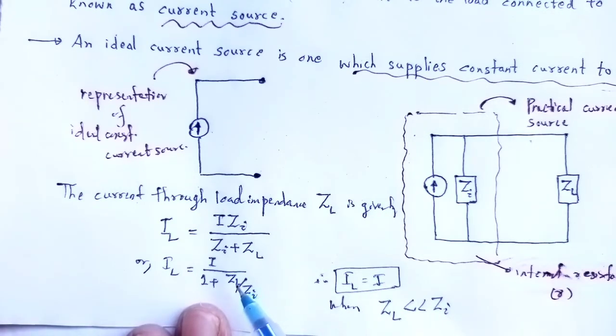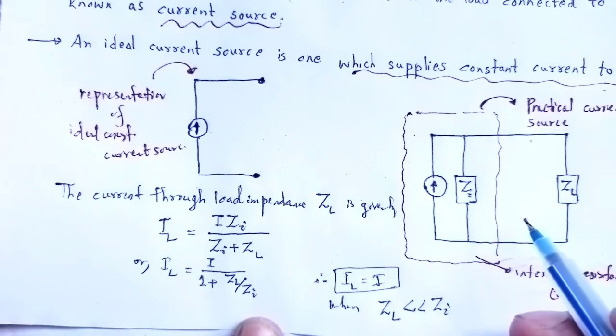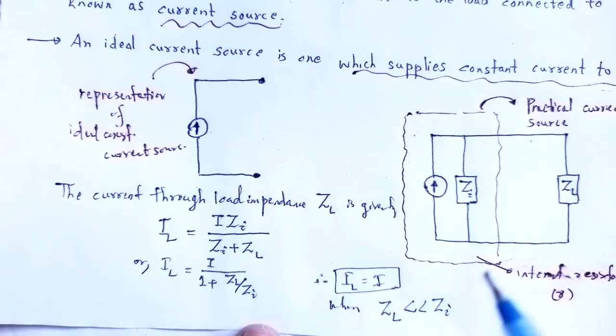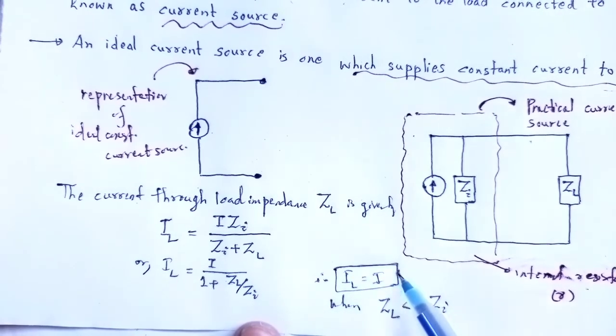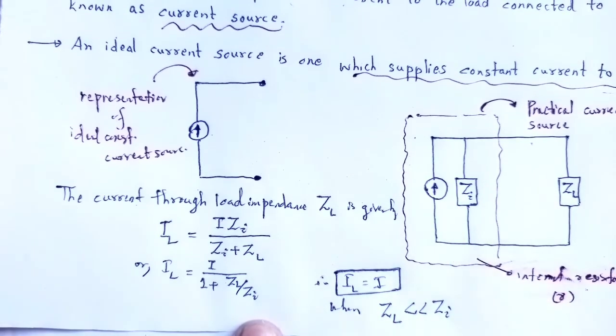Hence the current source provides a constant current I to the load connected to it if the load impedance ZL is very small as compared to the internal impedance Zi, where IL is equal to I, the load current throughout the circuit.